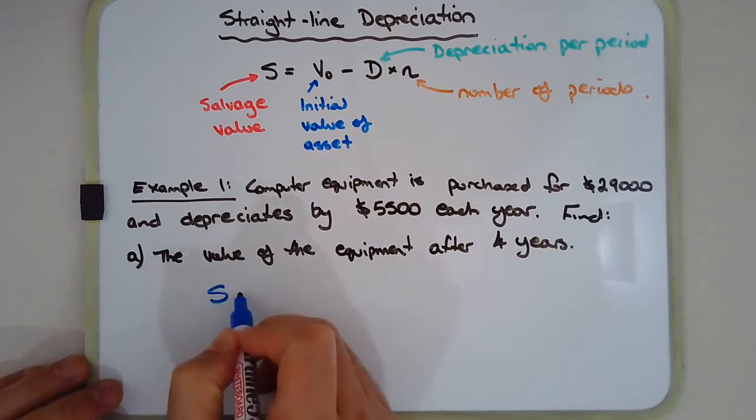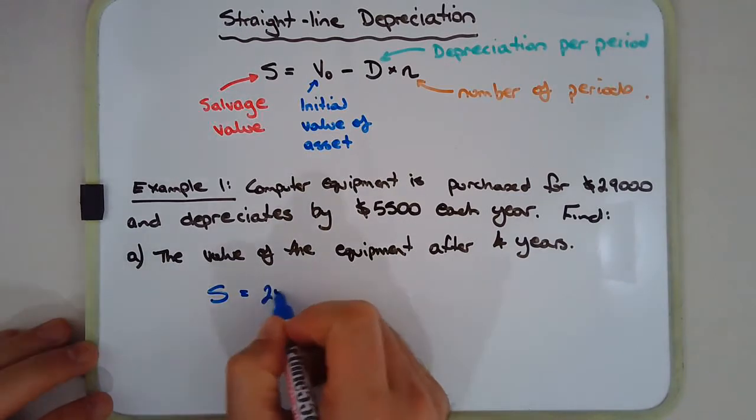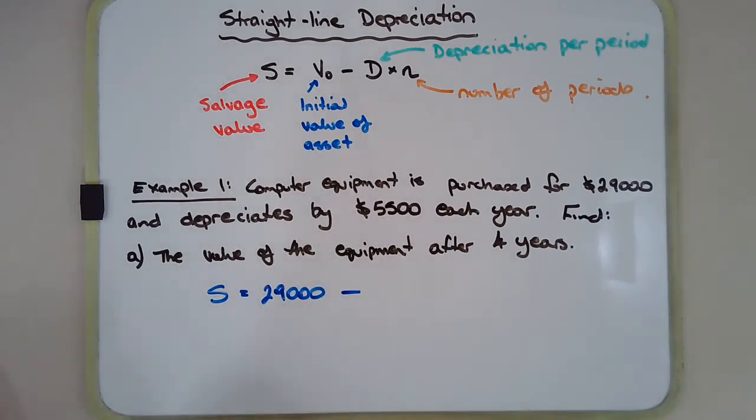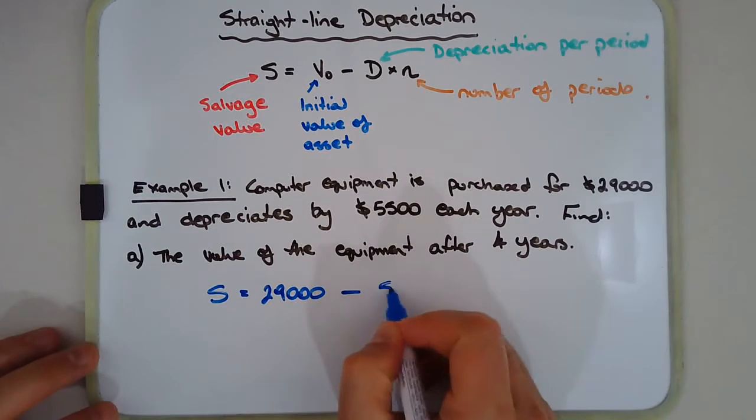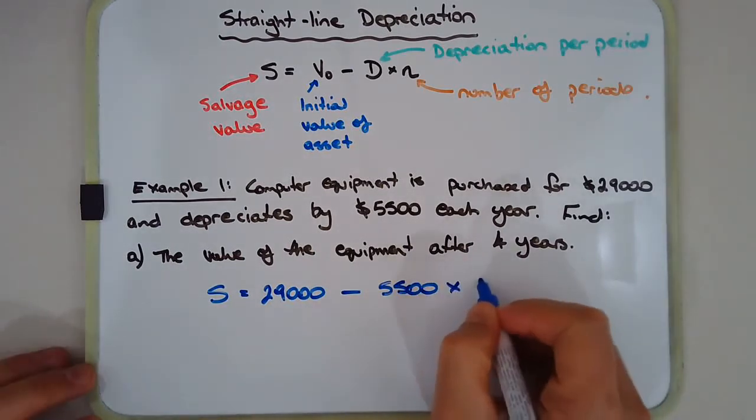So S is equal to the original price, 29,000. We're going to take away the number of years of depreciation. It's depreciating at $5,500 per year, and there are 4 years' worth of that.